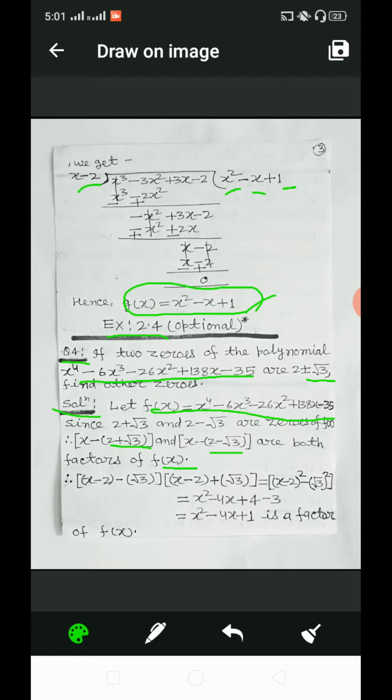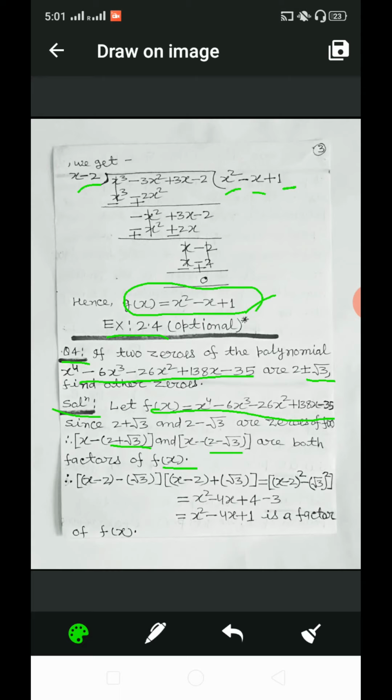So x minus 2 minus root 3 into x minus 2 plus root 3 is equal to x minus 2 whole square minus root 3 square.